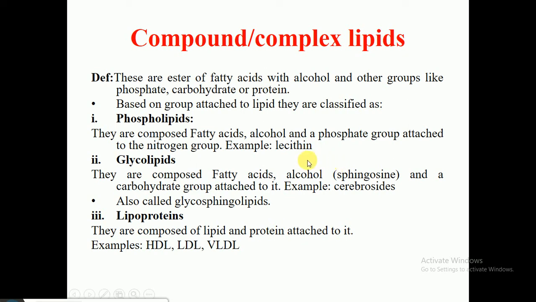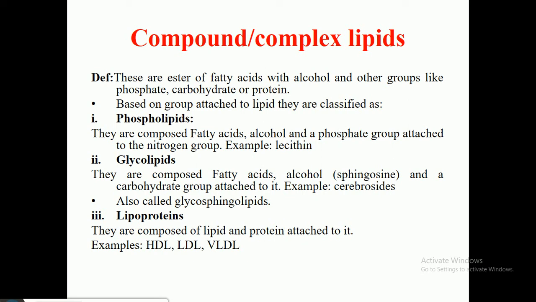They are composed of fatty acids, alcohol, sphingosines, and a carbohydrate group attached to it. For example, cerebrosides are a good example of glycolipids. They are also called glycosphingolipids.